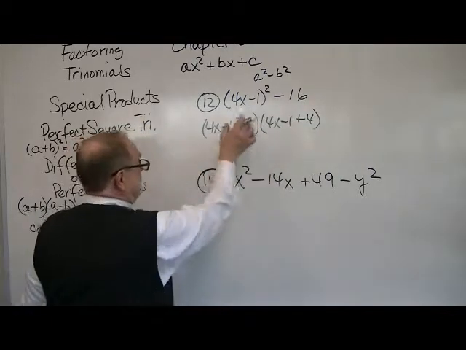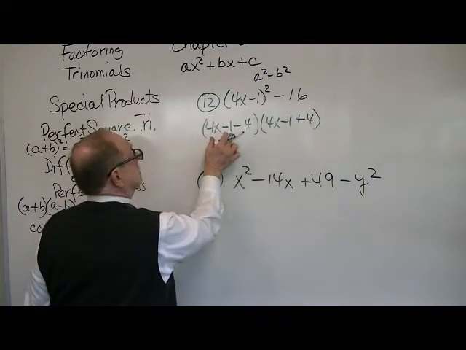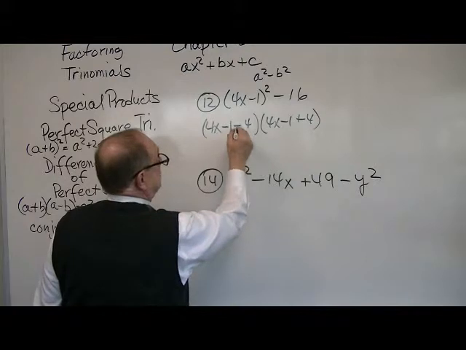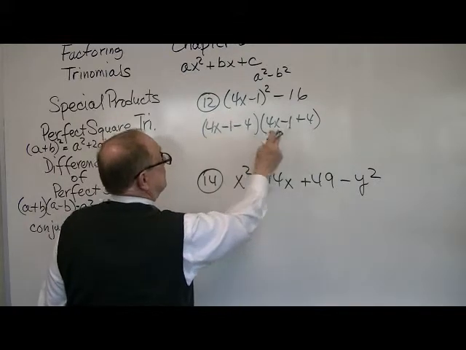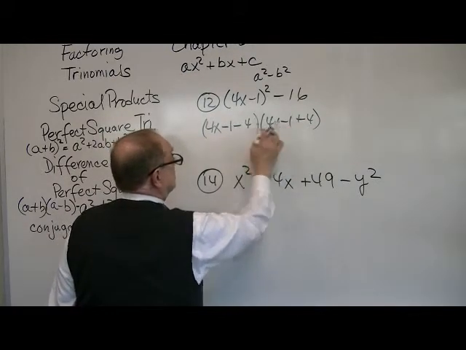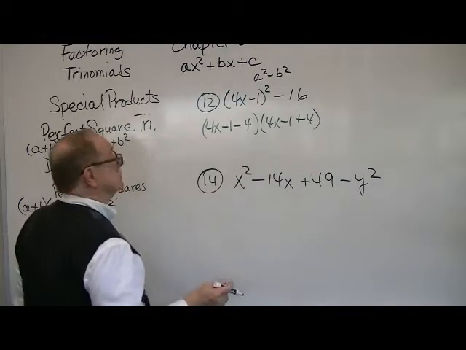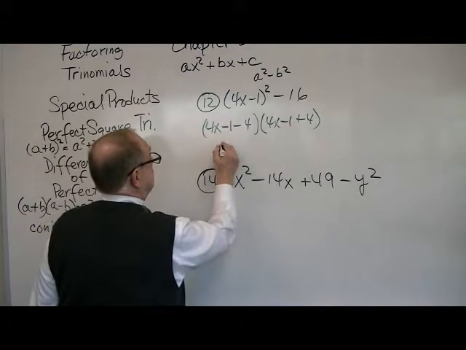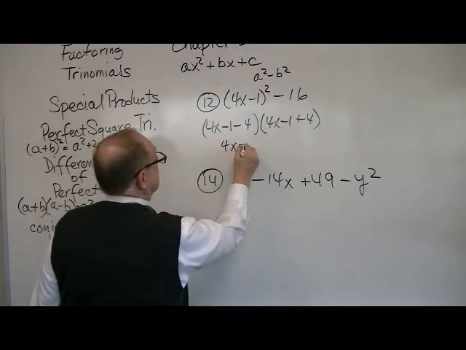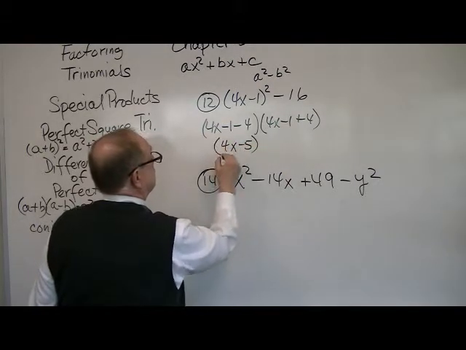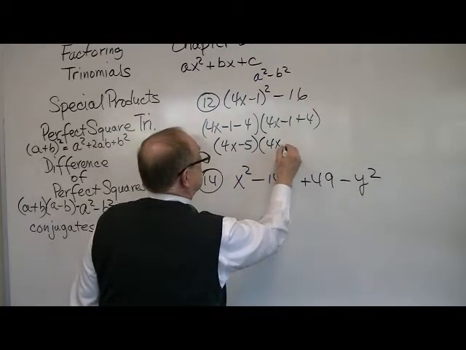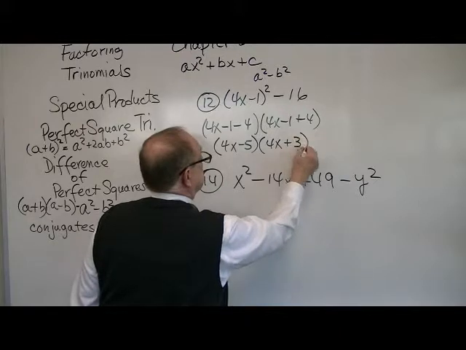Once again, this goes there, this goes there, and you could have this as a positive or as a negative, or switch them around. That's fine. The answers come out the same. So this then becomes 4x minus 5, and this becomes 4x plus 3.